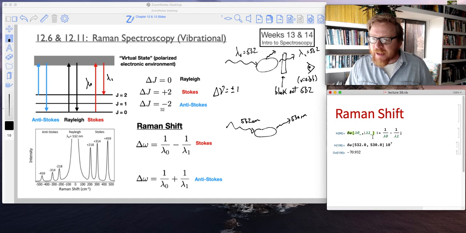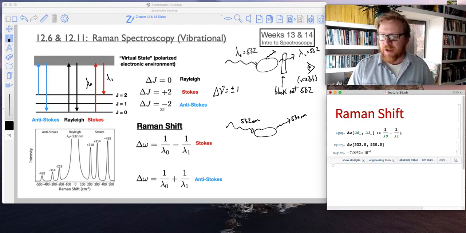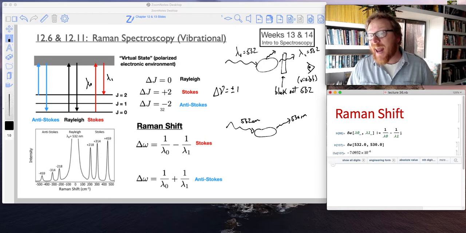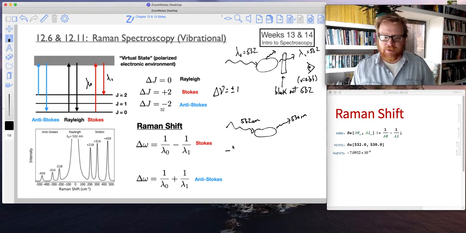Well, if I calculate that Stokes shift, it would go 1 over 532 minus 1 over 530. And so let's take away that factor 10 to the 7, because that would be 1 over nanometers. So I get this crazy number, negative 7.09 times 10 to the minus 6, 1 over nanometers.